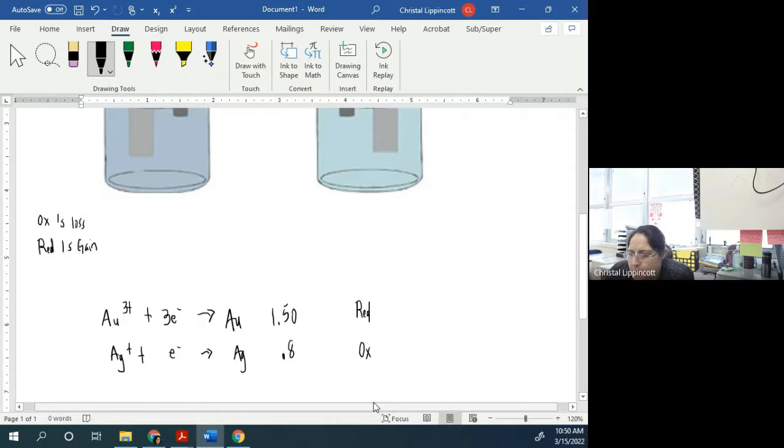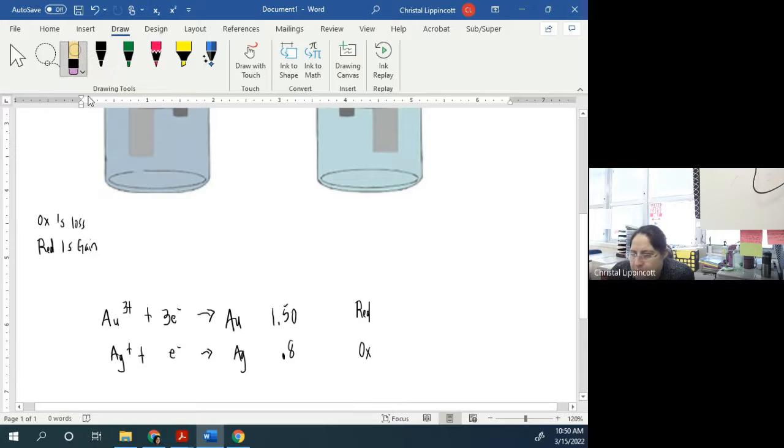At this point, the way these are set up, they're both set up as reduction. They're gaining electrons. So these are set up as reduction, but this one needs to be set up as oxidation. We already figured that out. Yep, we got to flip it.